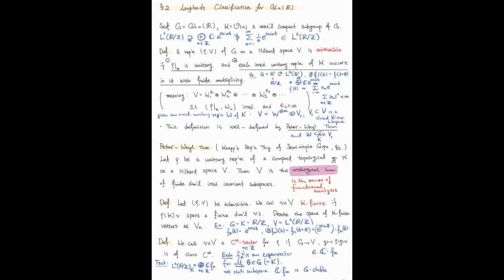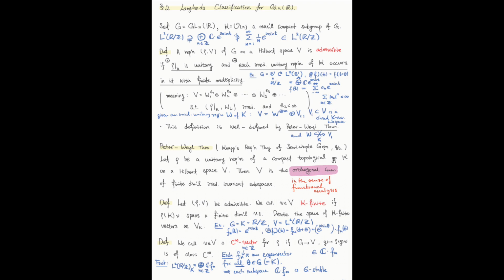And you see this is e^(2πinθ) multiplied with f_n(t). So this is in the same vector space spanned by f_n.